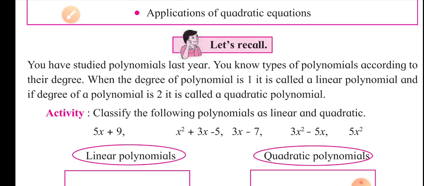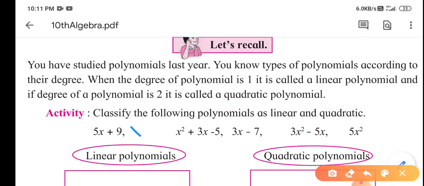Now observe the given examples carefully. 5x plus 9. What is the degree of this equation? Degree means the highest power of the variable. In 5x plus 9 there is only one variable, x, and the highest power of that variable is 1.